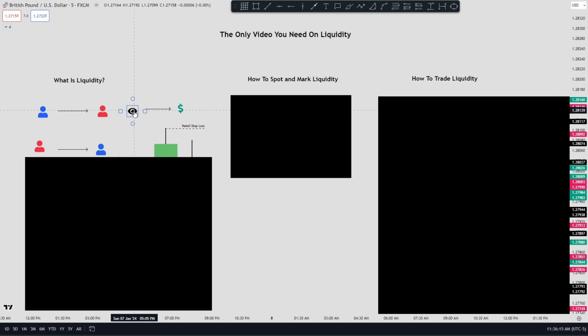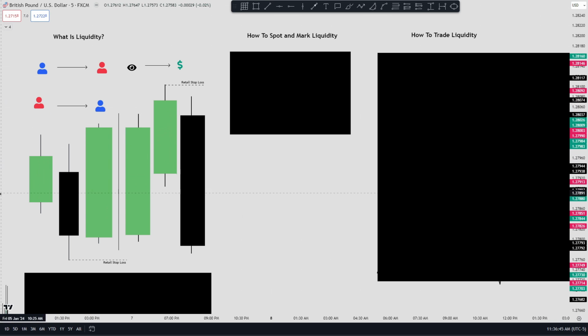This is where the algorithm comes into play. The algorithm cannot see your stop loss. It doesn't know where it's at, but it can refer back to old lows and old highs. And where do retail traders put their stop loss? Retail traders put their stop loss below old swing lows and above old swing highs.